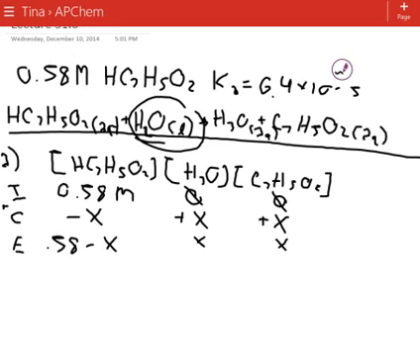So in order to find X, we would have to plug into the equation of Ka equals products over reactants.